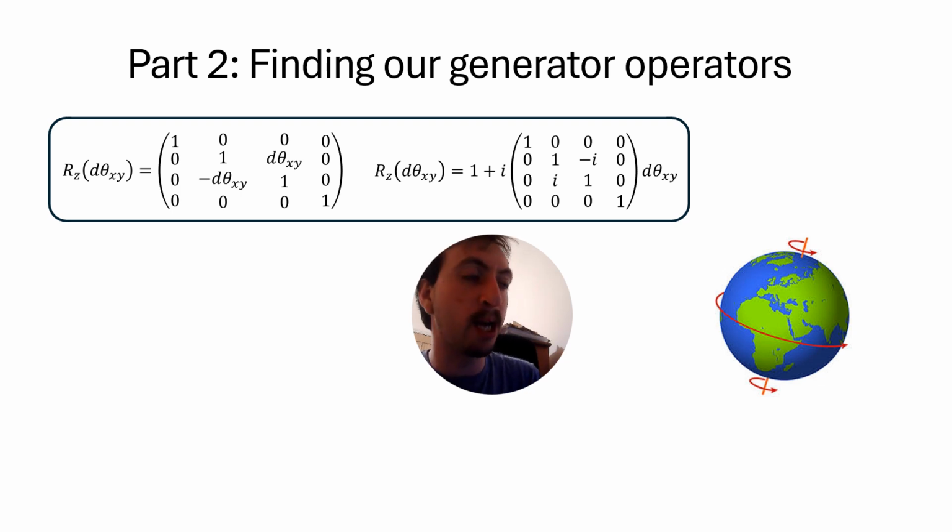It's related to the angular momentum of the object. Since this is essentially an evolution, we want to think of rotation as a unitary matrix.